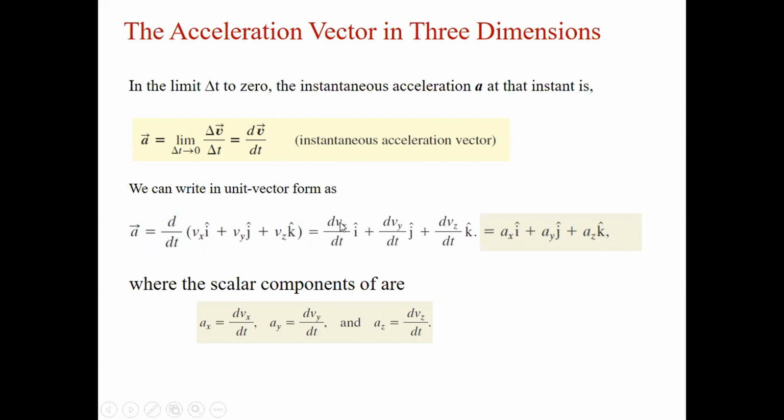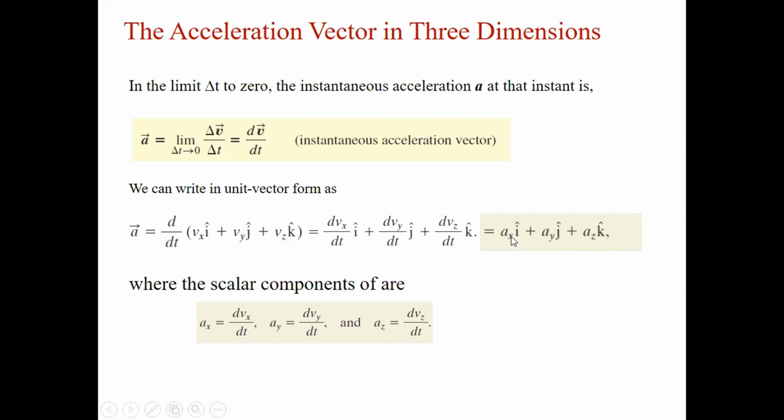Or we can say that dvx divided by dt times the i unit vector, plus dvy divided by dt times the j unit vector, plus dvz divided by dt times the k unit vector is the total A vector, or the A vector is composed of 3 parts.